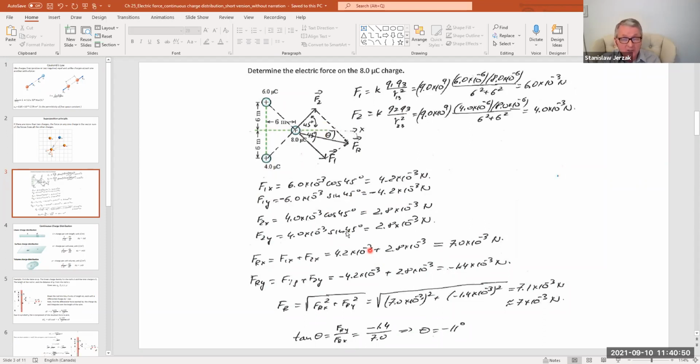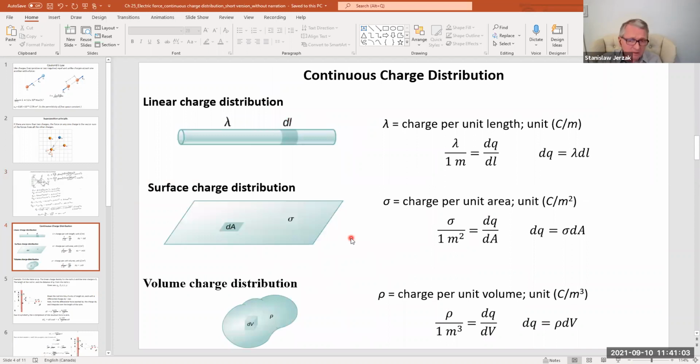But the true purpose of this lecture today is not to deal with these point charges or spherical charges, but with continuous charge distribution. Before we do some more specific examples about charges which are distributed on some objects, I want to define linear charge density, surface charge density, and volume charge density.